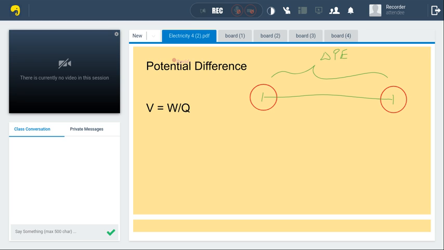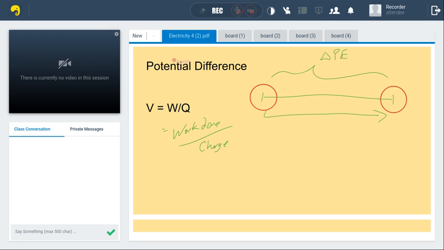Another way to think about it was the work that was done bringing this particle from point A to point B. And so now another way of looking at voltage is to simply say it's W over Q, as in that is the work done to bring something from one point to another per unit charge.